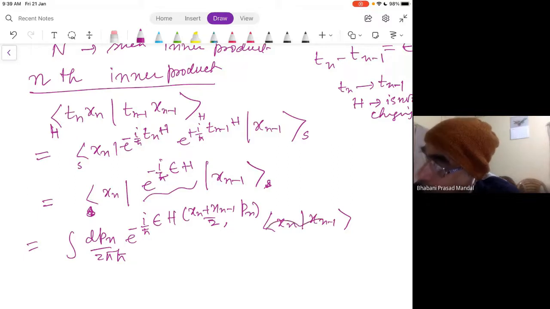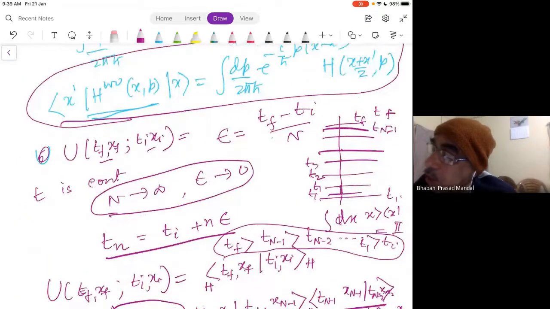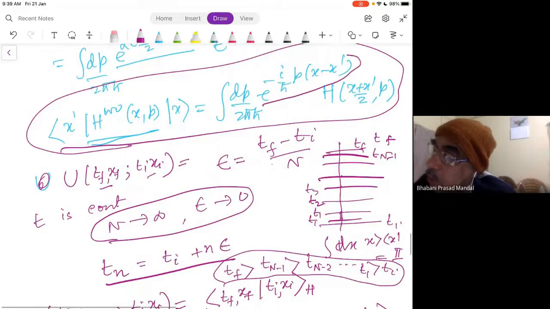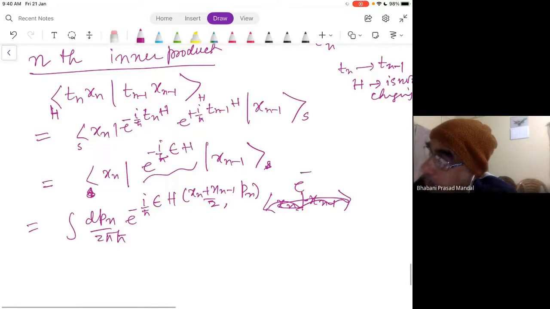Sorry, this you have to do by putting in the completeness relation, which we have done in this formula. So I'll be using this factor directly. So I'll be writing e to the power minus i by h cut p_n, x_n, x_{n-1}.